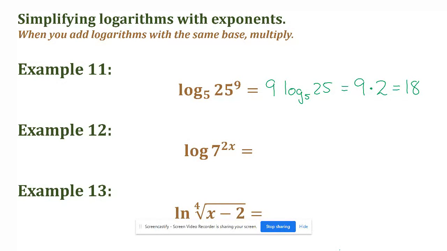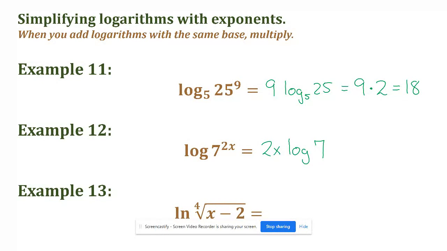But one way we can get x out of the exponent is by using a logarithm. And so what's going to happen here is I'm going to pull my exponent out front. So I'm going to have 2x, and then I'm going to have log 7. So I can't simplify it any further. But what this allowed me to do is bring my variable out of the logarithm. So now this is something I could start to work with or start to solve for.